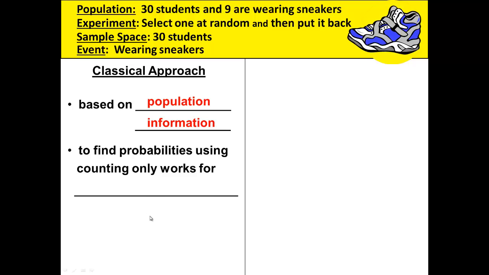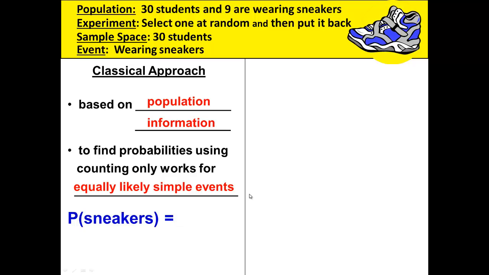To find probabilities using counting, it will only work if the simple events are equally likely. So what would the probability of selecting a student wearing sneakers be?